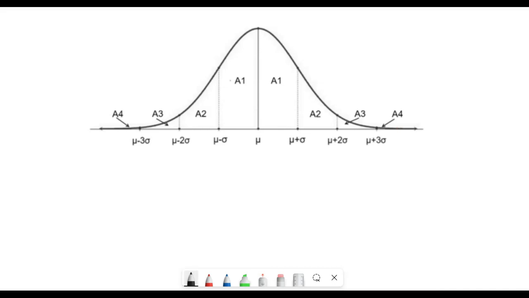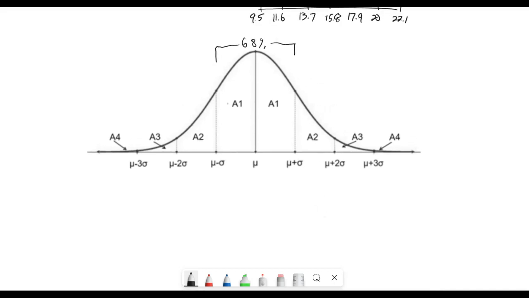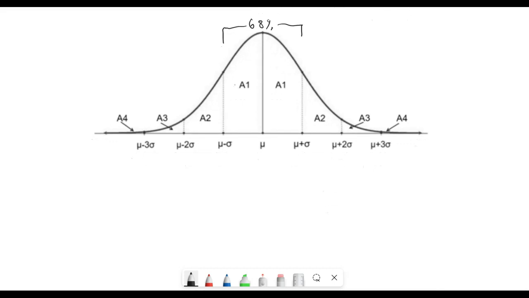Now we also have the 68% that goes out to 1 standard deviation left and right, and then the 95 and the 99.7 rule. From the 68 rule, the way this is labeled, A1 on the left, A1 on the right, I know these are equal areas because of the symmetry of the normal distribution.